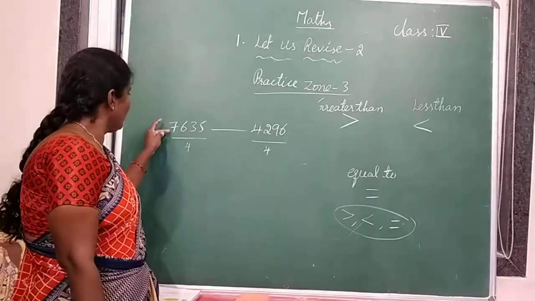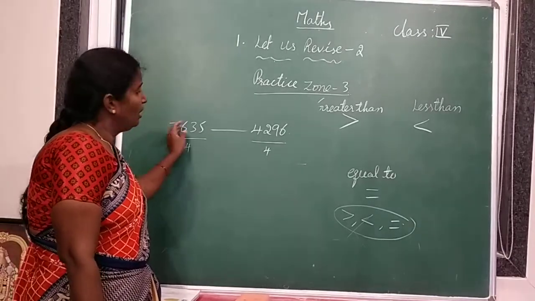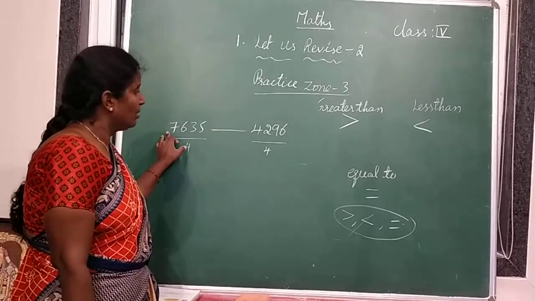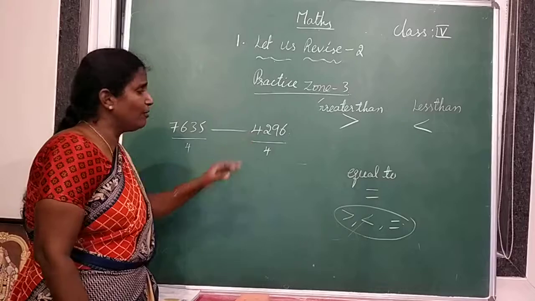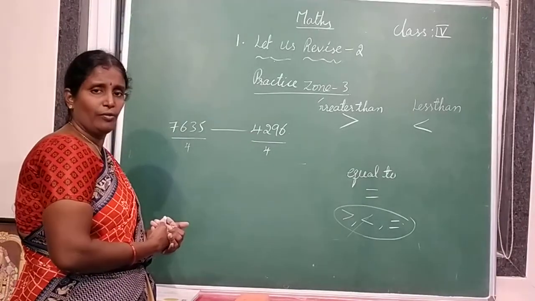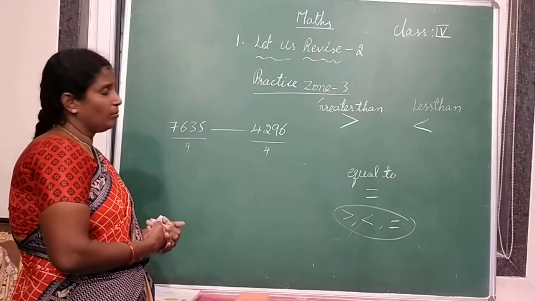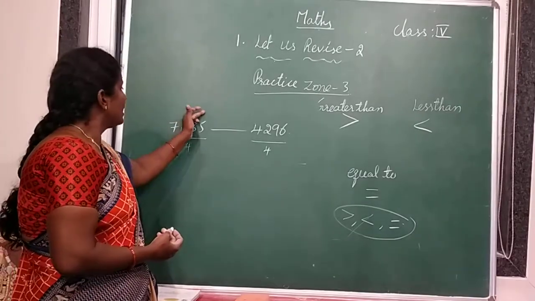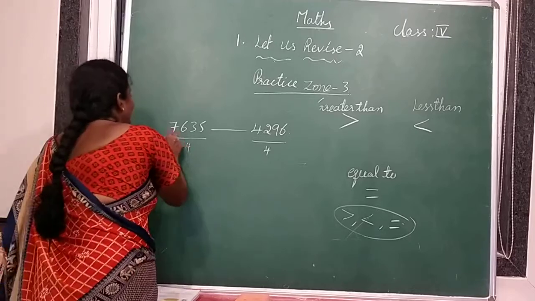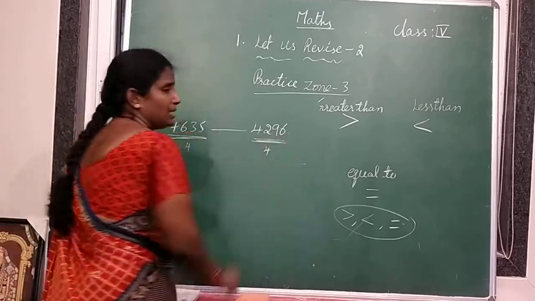In highest place value, this is 7 and this is 4. So is 7 bigger or smaller than 4? Greater. So 7635 is greater.